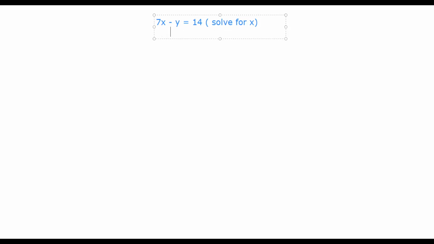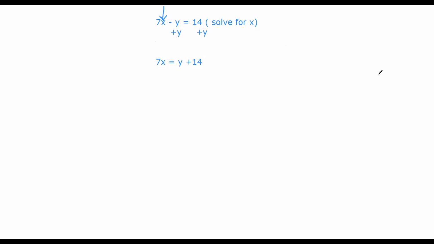I want to add y. Okay, 7x equals y plus 14. Again, the term that I'm solving for is the thing I'm going to deal with last. That's the x that I'm solving for. So anything else that's on the same side as the term I'm solving for has got to go.